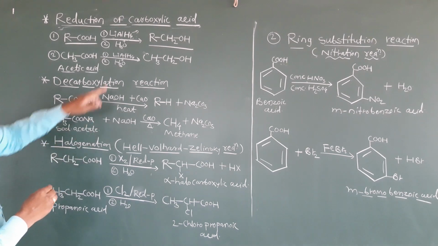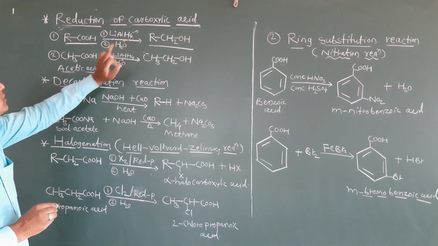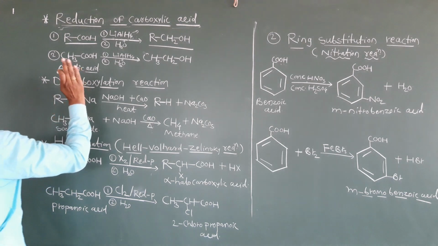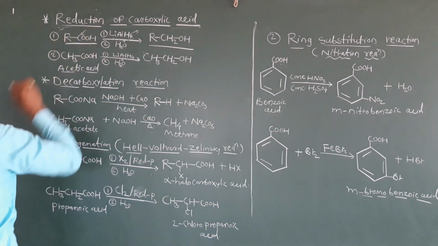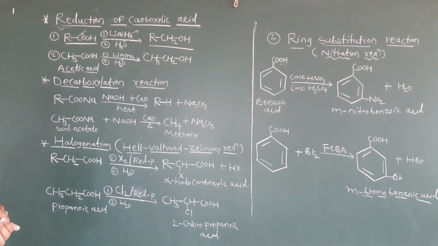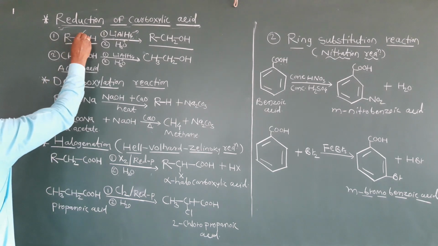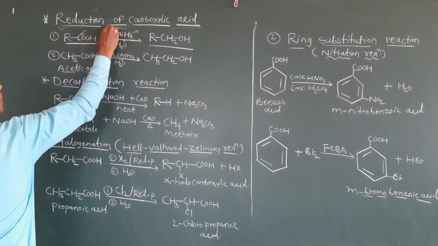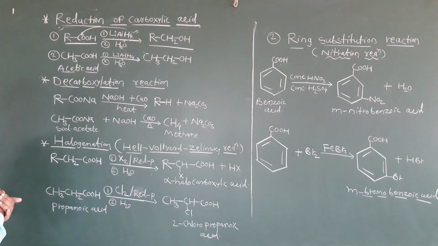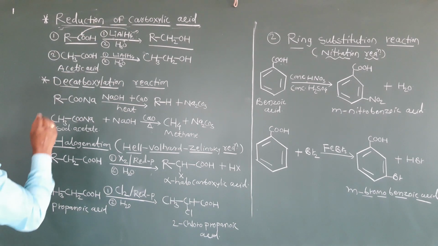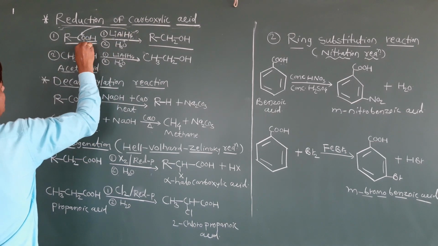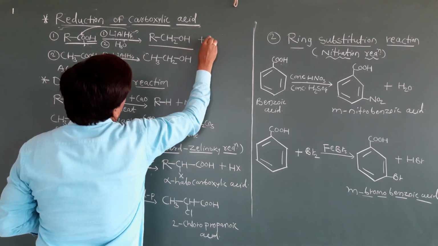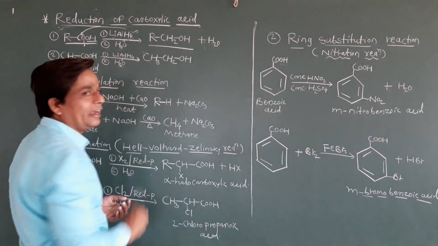Out of these 4 hydrogens, 2 hydrogens get attached to this carbon, so it converts into CH2. Then this OH group stays as it is, and the remaining 2 hydrogens and this oxygen liberate a water molecule. Now clear? This is the mechanism behind this reaction.